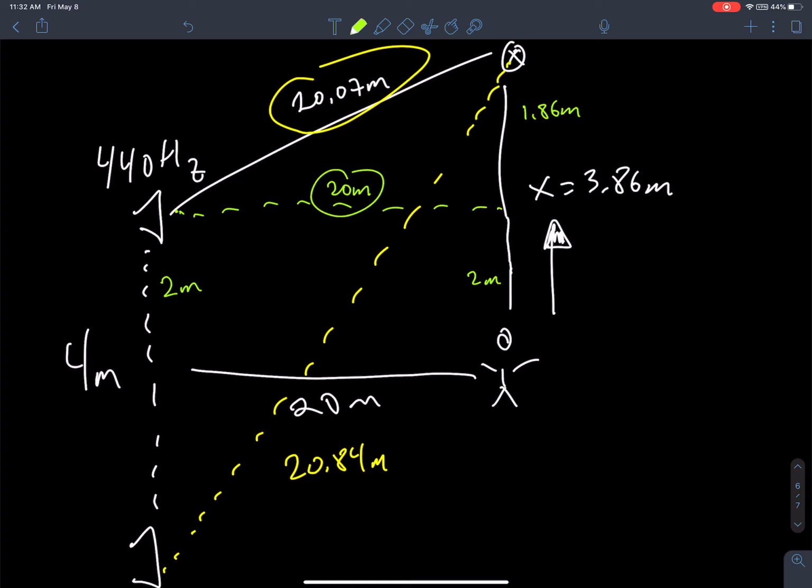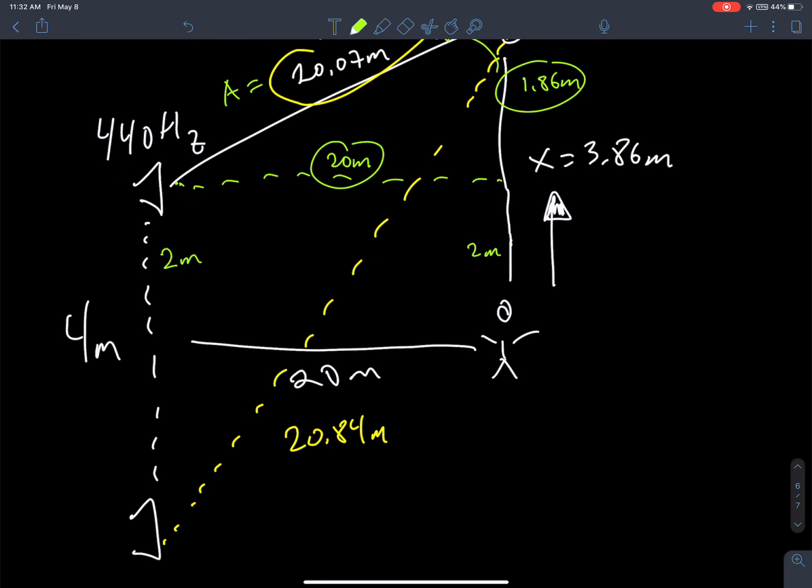Okay, so if I did Pythagoras' theorem, I'd be able to solve for 20.07 meters being the path length of A. And then to solve for the path length of B, I'm just going to extend this line down here. This is 20 meters, and this would be 5.86 meters. Sorry, it'd be 5.86 meters in total from there down to here.